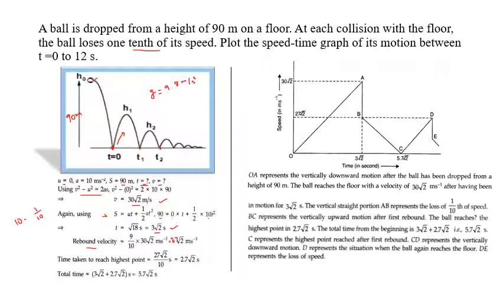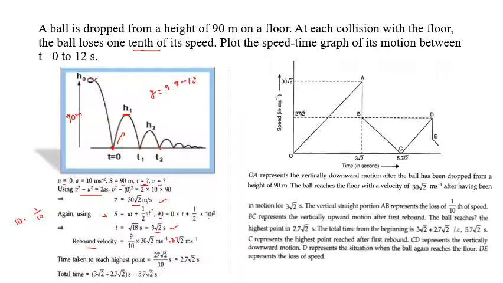Time taken to reach the highest point. What is the time taken to reach the highest point, H1? So what is the initial height? 90 meters. After rebounding, with the rebound velocity, what is the new highest point? 27 root 2 divided by 10. So how did we find it?